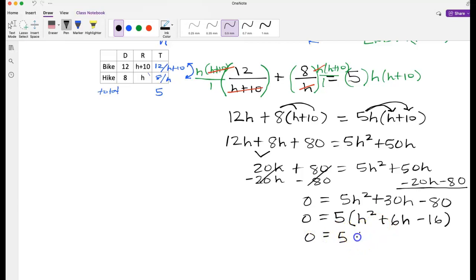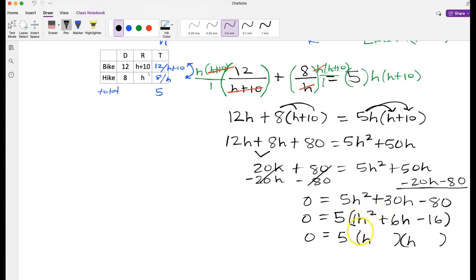All right, so now I'm going to go ahead and write this out in factored form. What times what is h squared? Well, that's h times h. And remember, I can go straight to these parentheses like I have here because my leading coefficient on that h squared is just a 1. If that was something else, then remember you have to do that factor by grouping, the AC method.